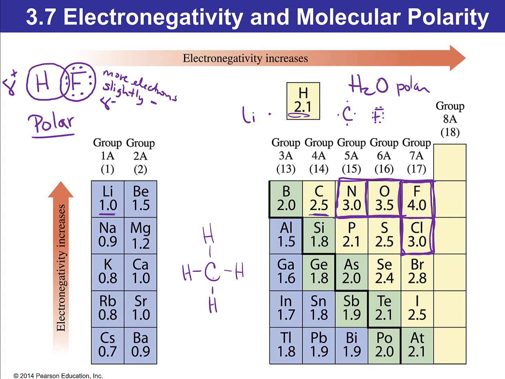Carbon is like 2.5. Hydrogen is 2.1. So the difference is about 0.4. So there's a little more. The carbon is going to pull the electrons towards it a little bit more.